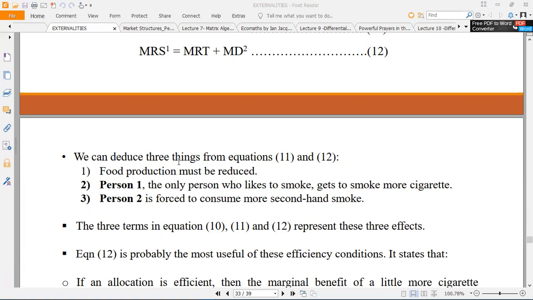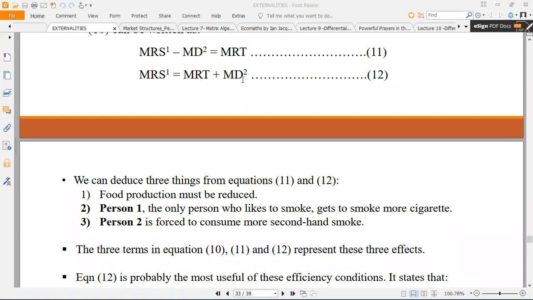So there should be a reduction in food production just to encourage the other person to reduce the production and consumption of cigarettes. But the first person will just be consuming more cigarettes because the good generates a negative externality, and we tend to overconsume a good that generates negative externality. And the second person doesn't like cigarettes, but is forced to engage in secondhand smoking. You have to just endure the negative externality.